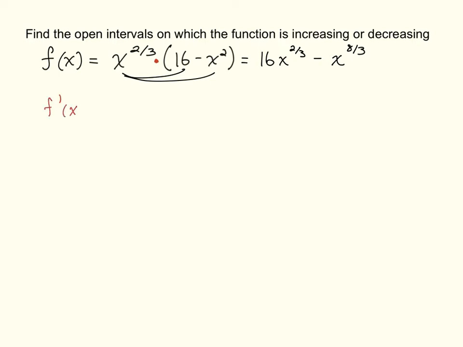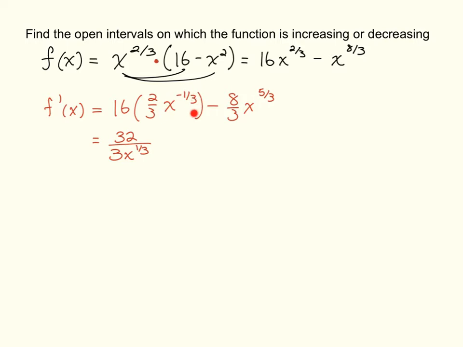f prime of x will be 16 times 2/3 x to the negative 1/3 power minus 8/3 x to the positive 5/3 power. To simplify this down a little bit, the derivative will equal 32 over 3x to the 1/3 power.